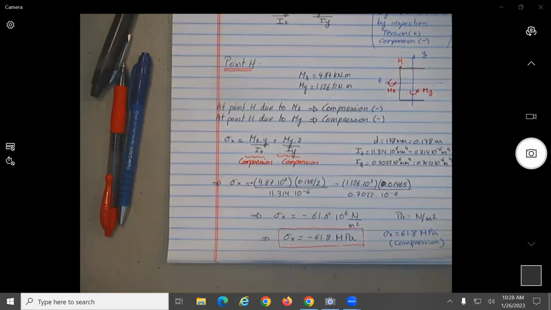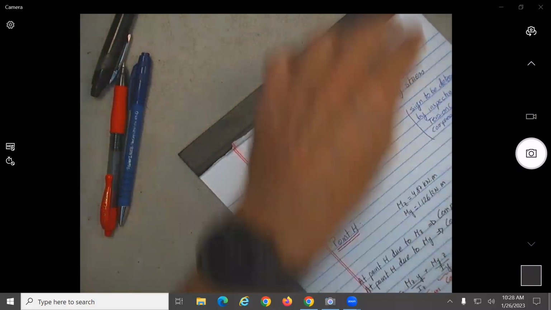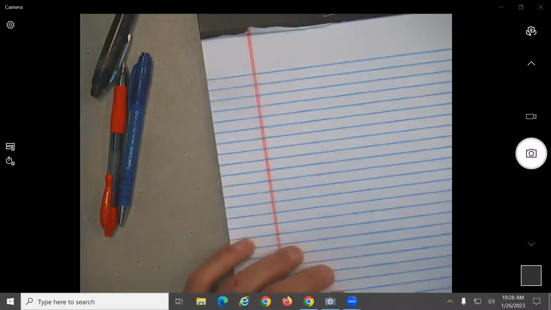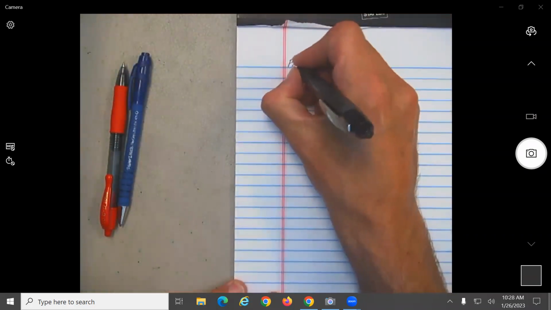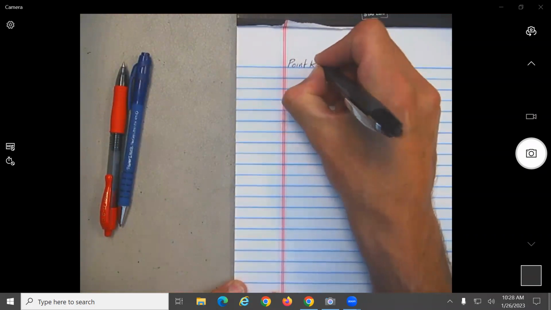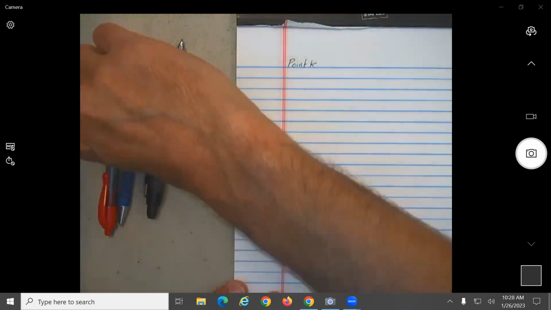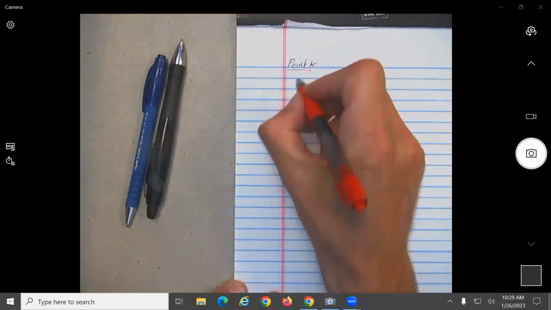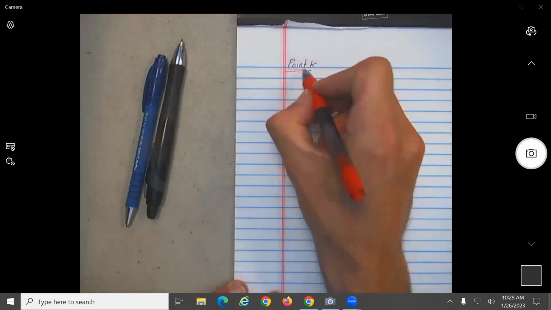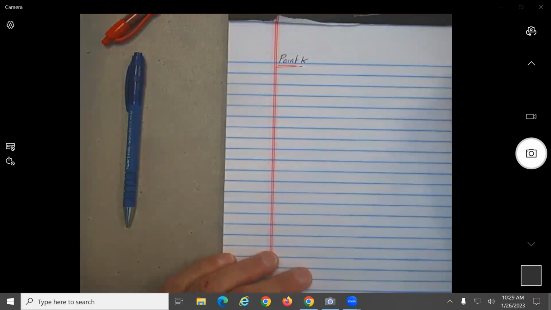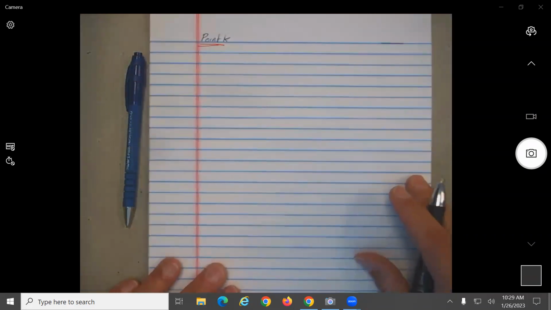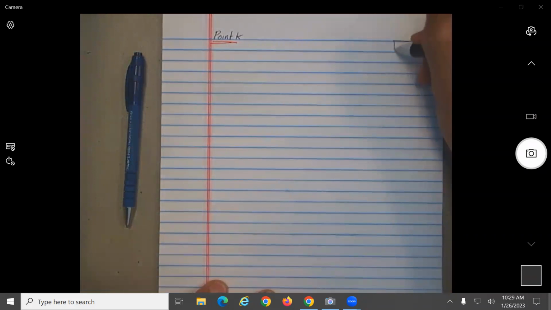Okay, now we do exactly the same thing for point K. Exactly the same procedure. So if you want, I do again a quick figure here.